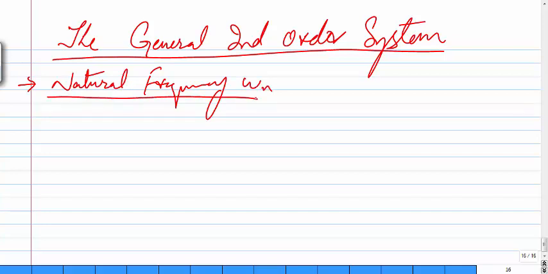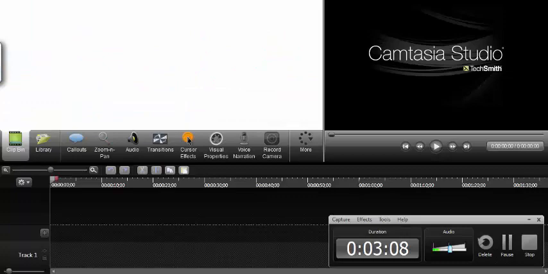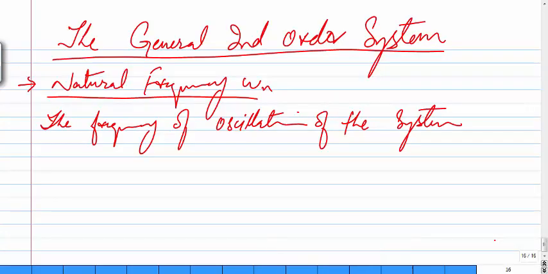So what is natural frequency? It is the frequency of oscillation of the system without damping.